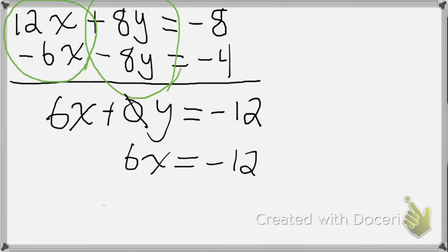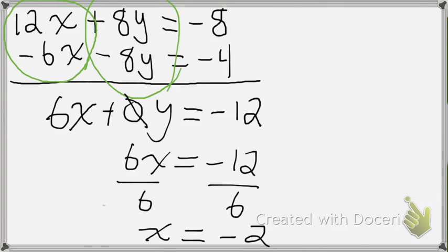Now I'd like you to pause this video again and solve this equation for x. Is this what you got? You should have found out that x is equal to negative 2. So now go ahead and substitute negative 2 into one of the equations and solve for y.